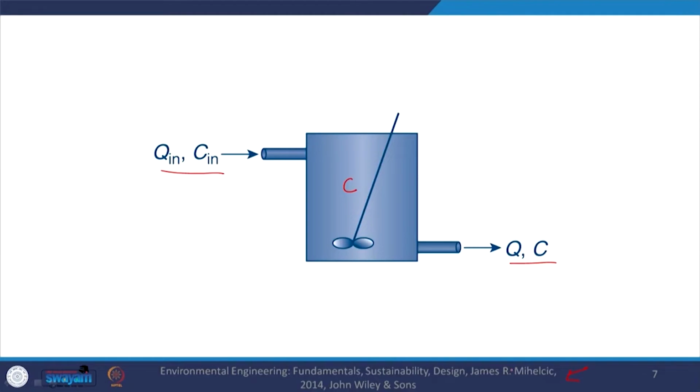So, we have this particular information. Let us try to apply the mass balance equation to this. When I say this, how do I describe this kind of a system? It is called a continuously stirred tank reactor, continuously stirred, right, it is always a stirred tank reactor.